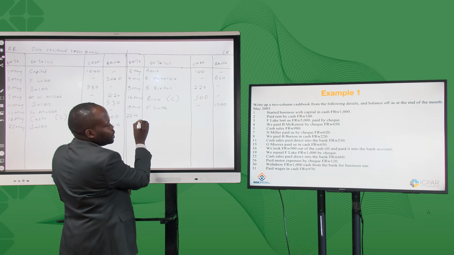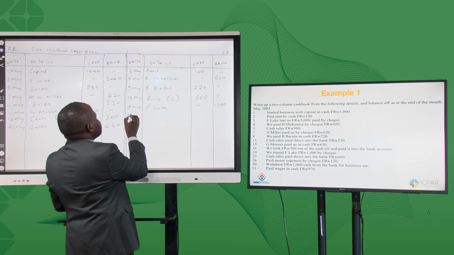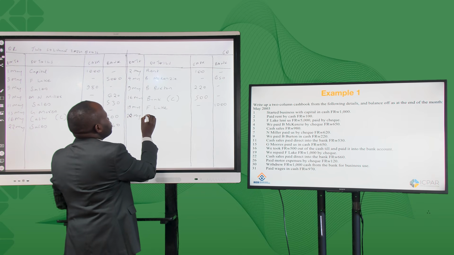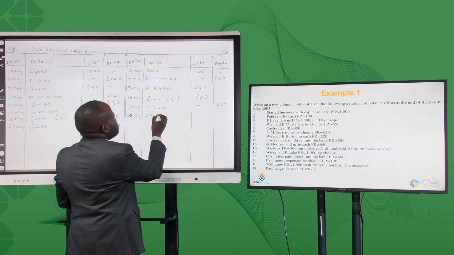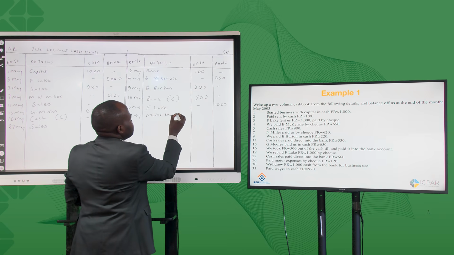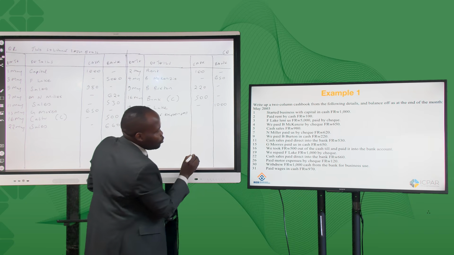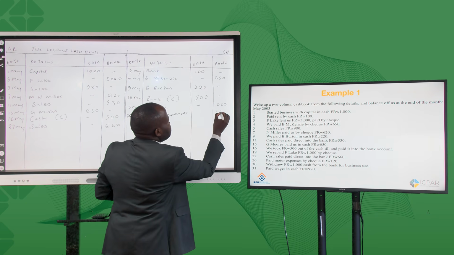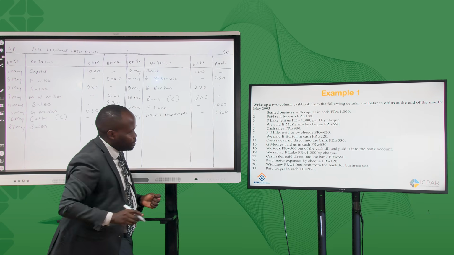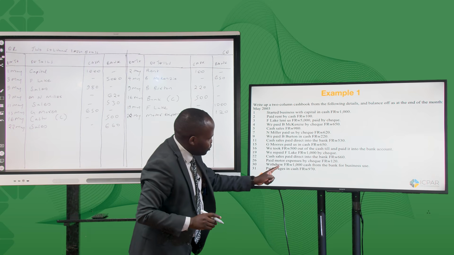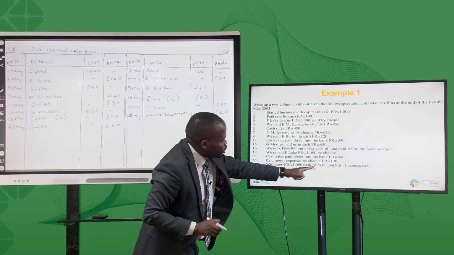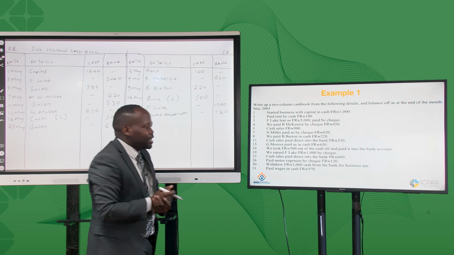Next, we have paid motor expenses. Is it 22nd? 26th May. Motor expenses. So we paid motor expenses 120 by check. And then next, withdrew 1,000 cash from the bank for business use.